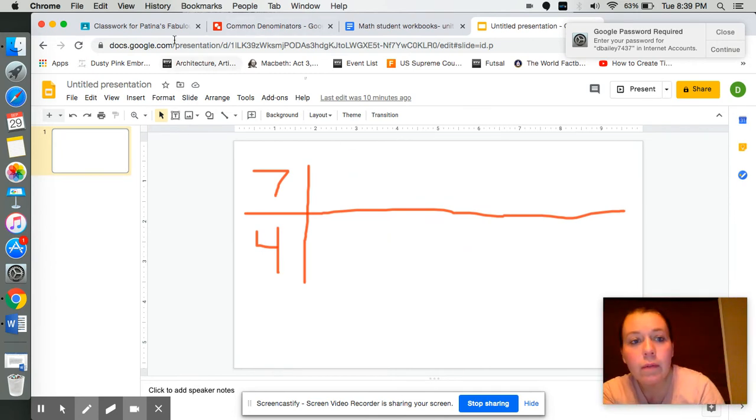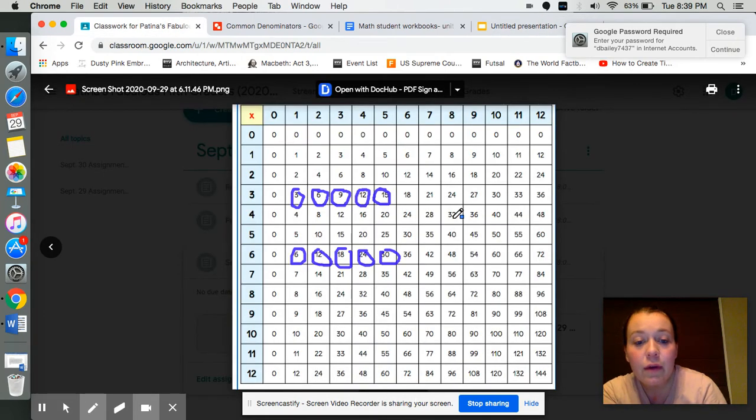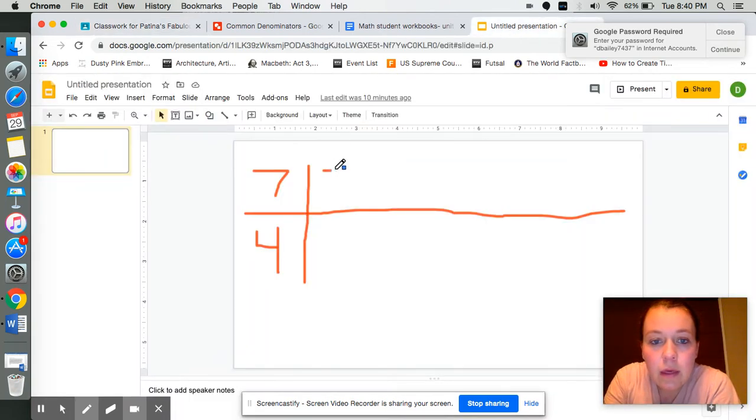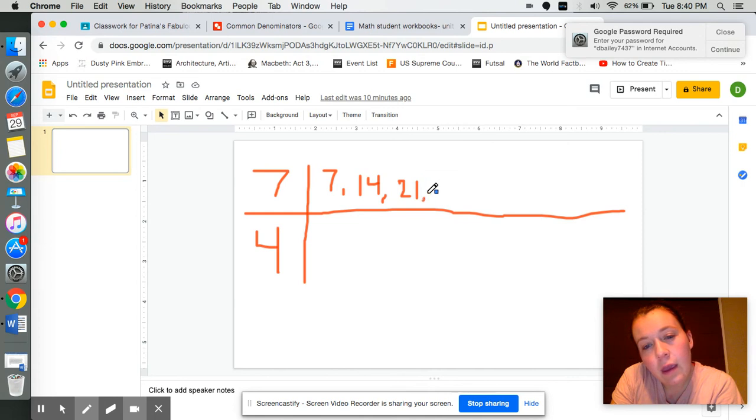I'm going to go to my multiplication table, and I'm going to count by 7s. I've got 7, 14, 21, 28, 35. So I'm going to count by 7, 14, 21, 28, and 35.